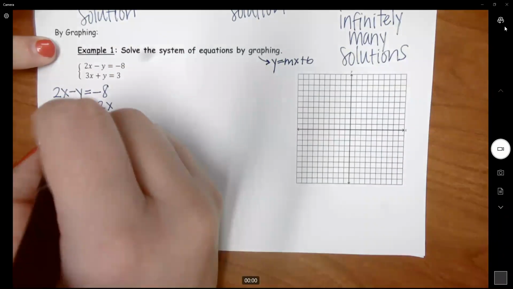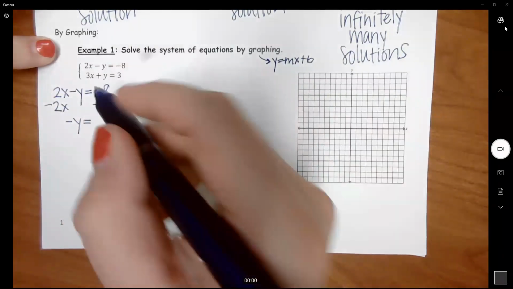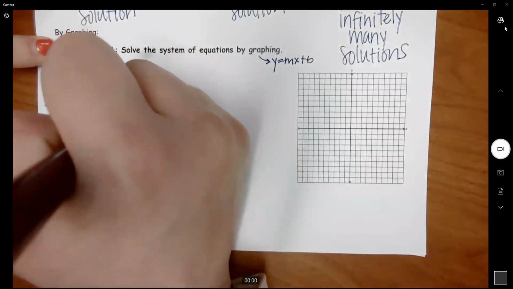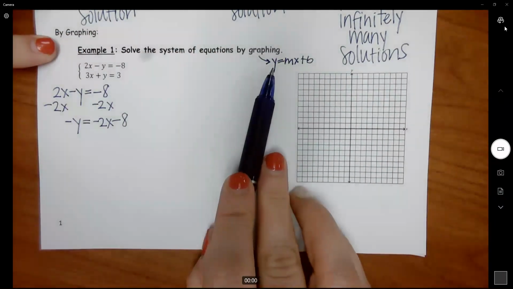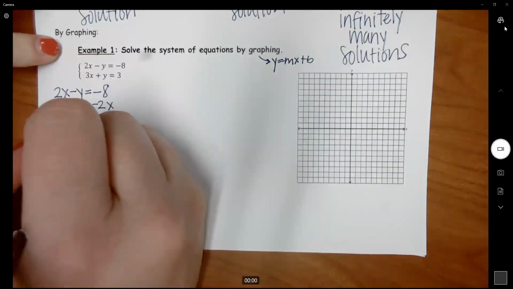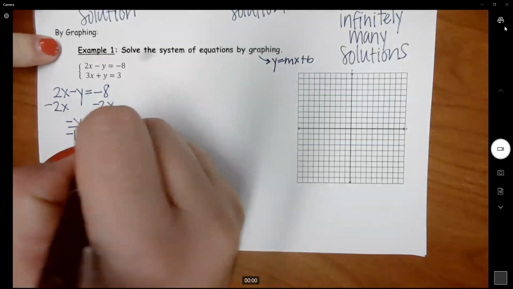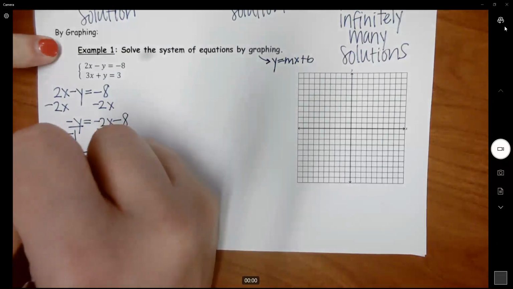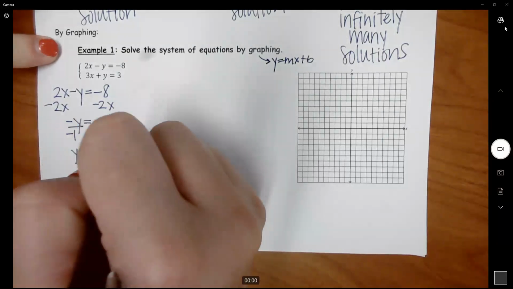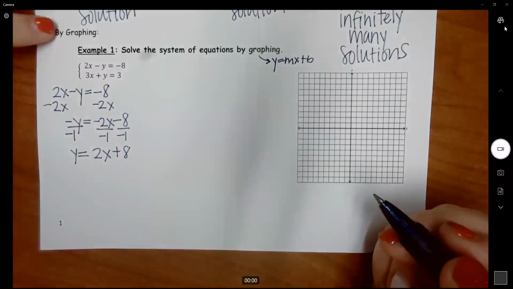We get negative y equals, these are not like terms, and because I want the x first, this is negative 2x minus 8. I need to solve for a positive y, and we've solved for a negative y, so I'm going to divide everything by -1, which means we have y equals 2x plus 8.